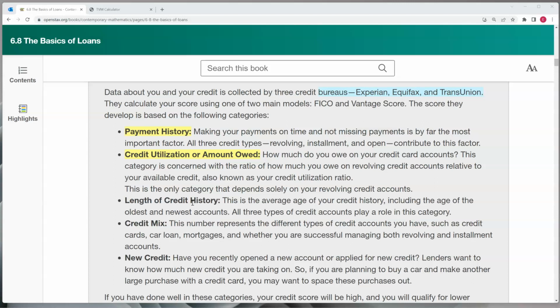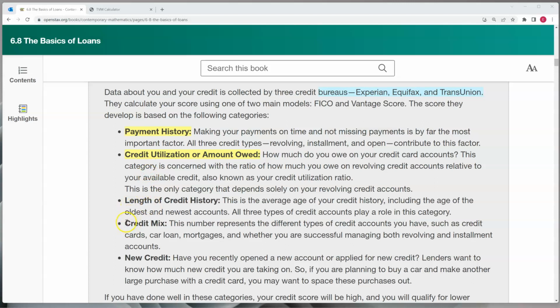It's a long haul, multi-year build when it comes to the length of credit history. So that one's not something that you can quickly fix, because time goes on as it is. But payment history, making on-time payments, and keeping that credit utilization in check is very important.